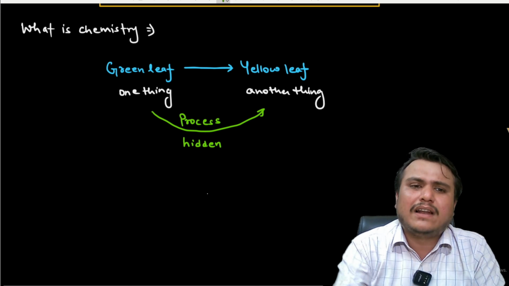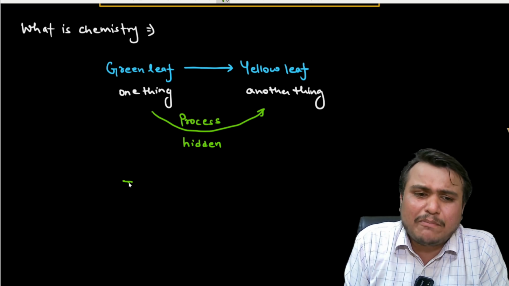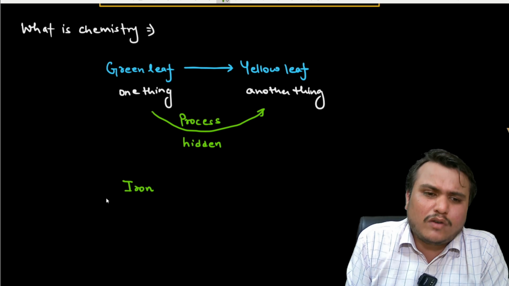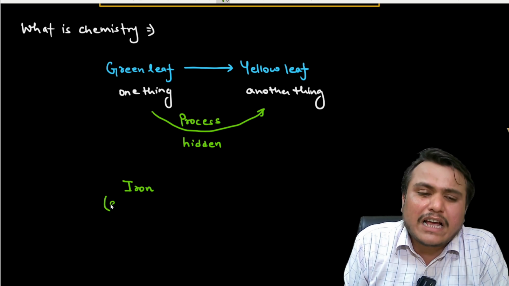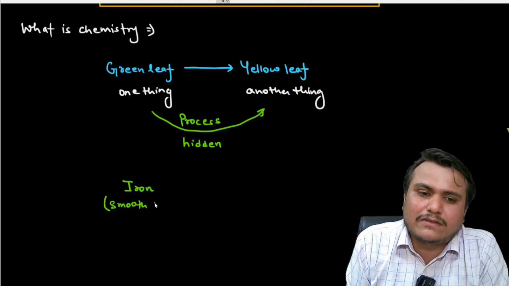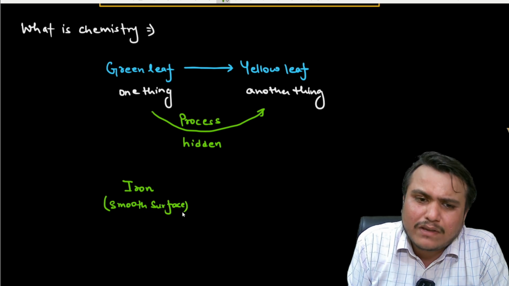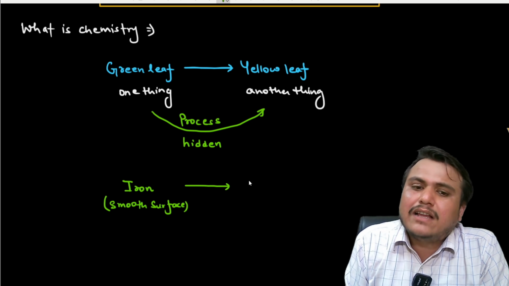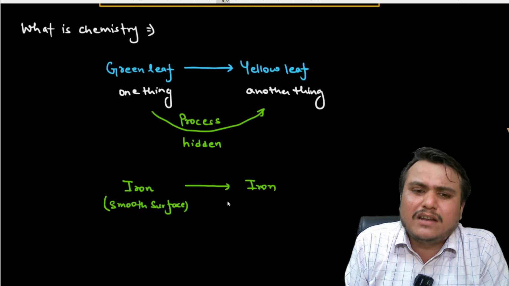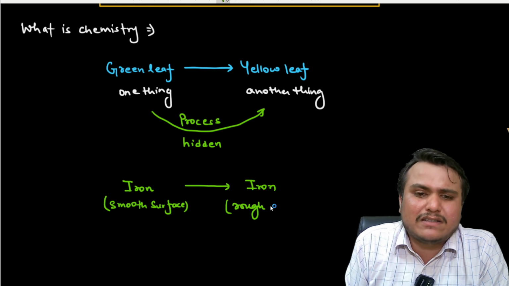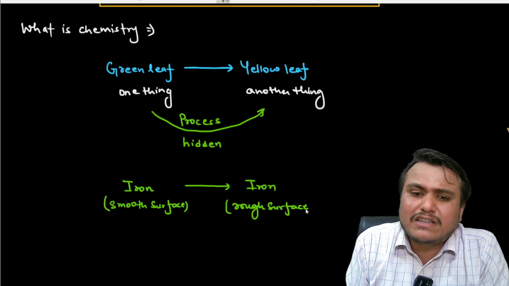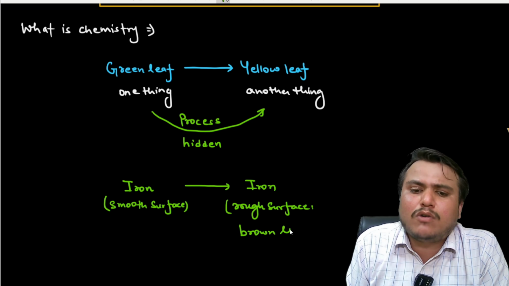Okay, well enough. Let's take another example. We have a piece of iron. We all know when we buy a piece of iron, it has a very smooth surface. But over a period of time, we see that this particular iron now has a rough surface, and this rough surface has a brownish layer on itself.